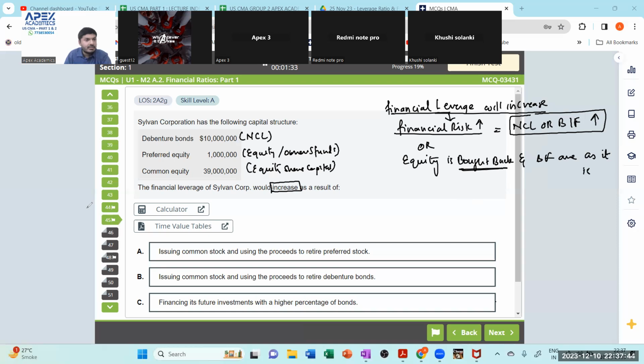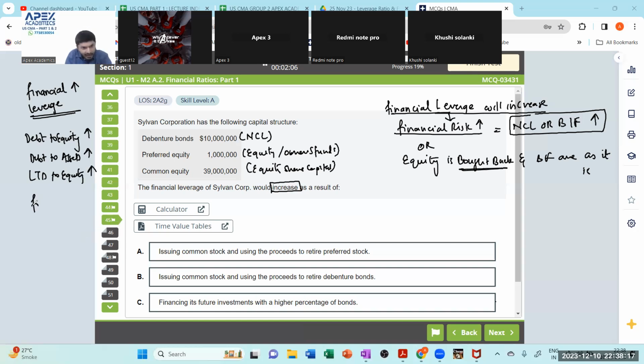So please keep one thing in mind. Now this is a fantastic takeaway: if financial leverage is increasing, you need to understand that the debt to equity ratio has increased, the debt to assets ratio has increased, and long-term debt to equity has increased.